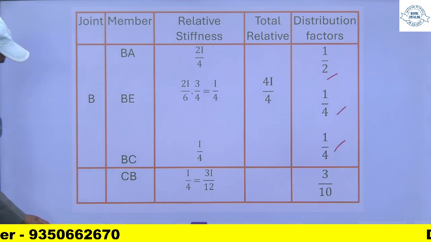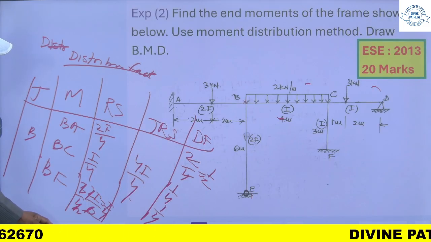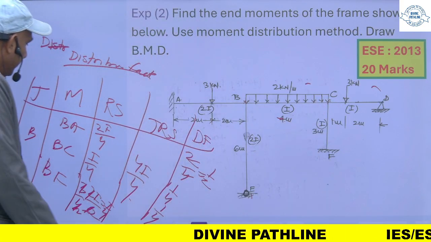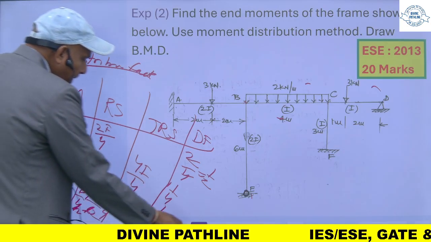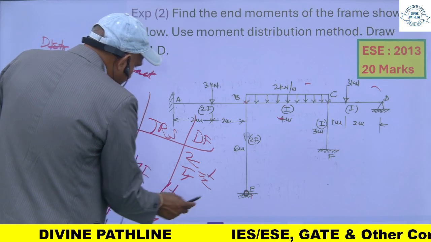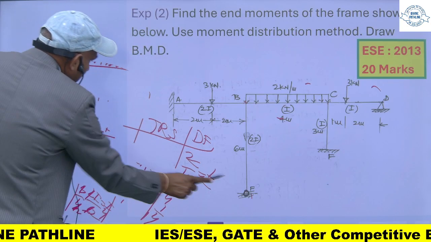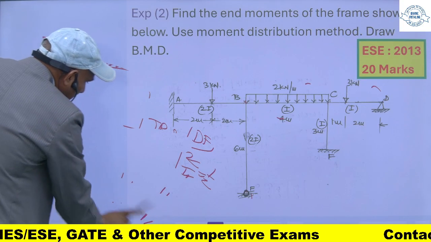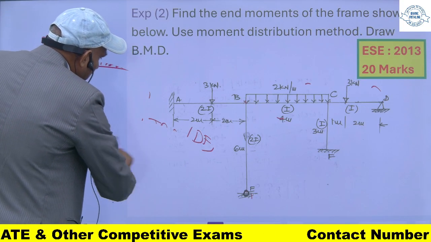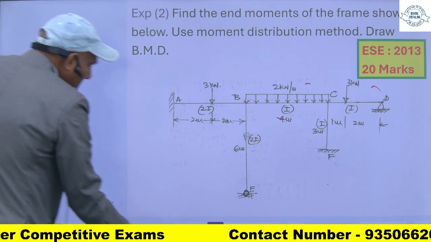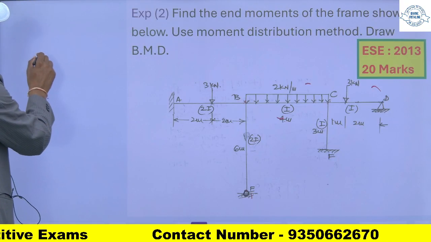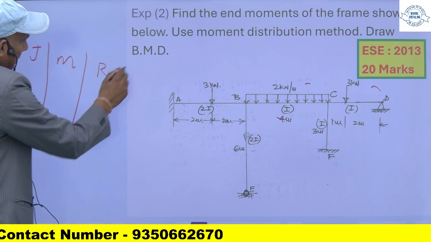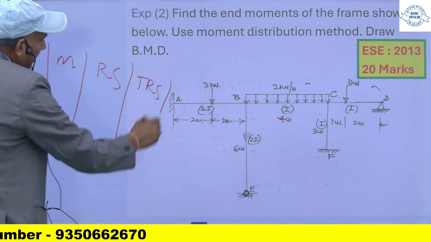And for this member, for C, it will be like this. Joint, member, relative stiffness, total relative stiffness, and distribution factor.